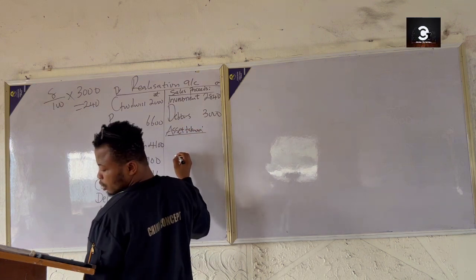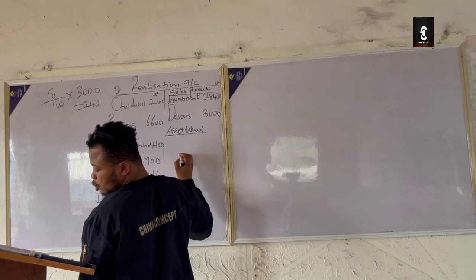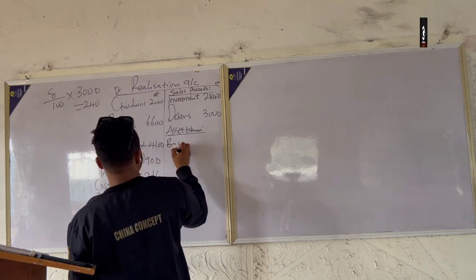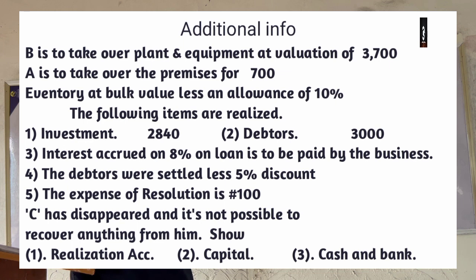They told us from the question that B took over plant and machinery at a valuation of 3,700. The examiner went ahead to tell us that A took over premises at a valuation price of 700.